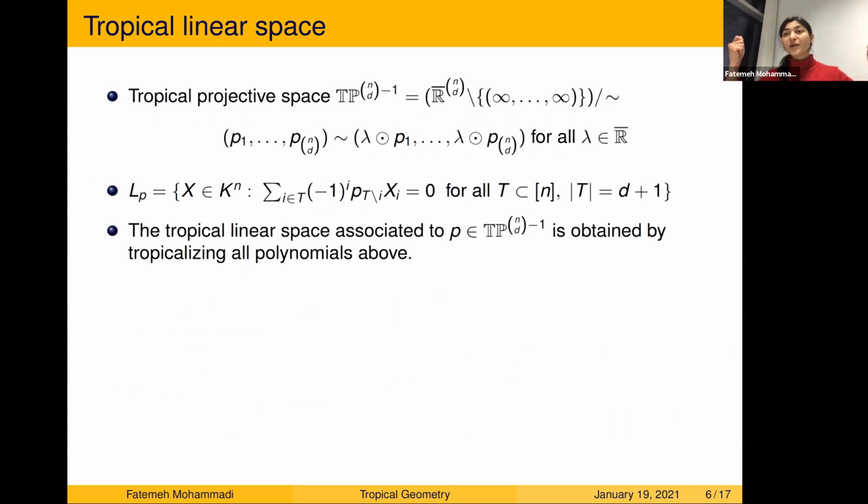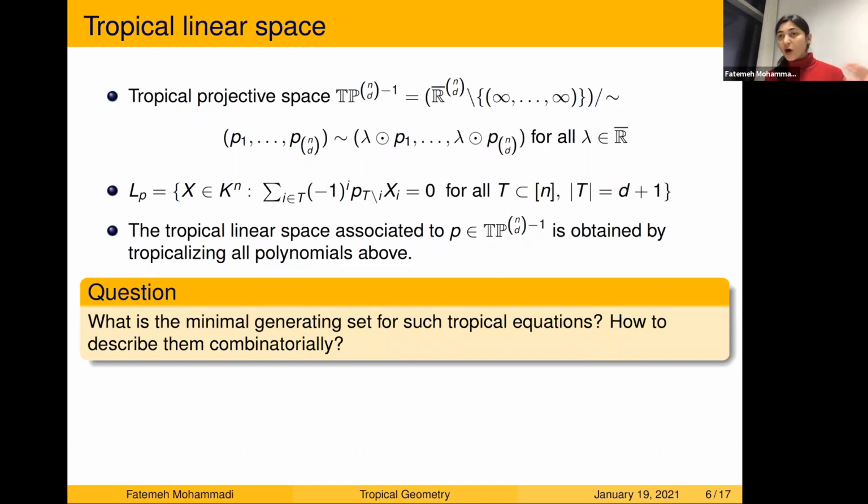But usually we study an easier problem, which is called a pre-variety, not a variety. That's a pre-variety generated as the intersection of the tropical hypersurfaces of these linear equations that you see from the beginning.